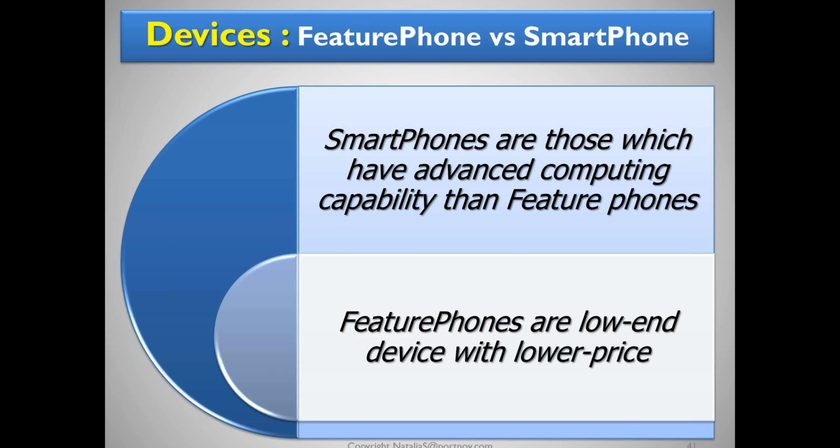It supports very high definition video, up to 1080p. It has very good cameras, sometimes two cameras. It has perfect touch screens, and of course, it costs more because of that.